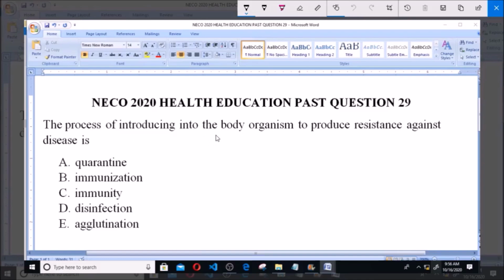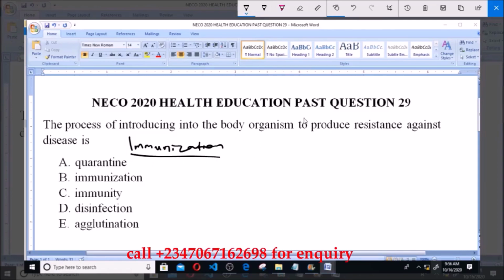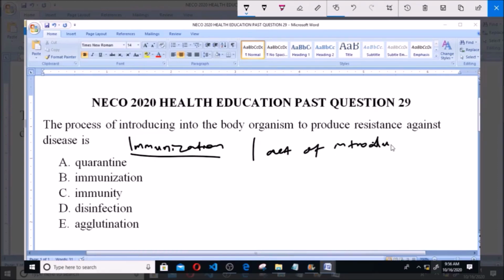The process of introducing into the body organism to produce resistance against disease is known as immunization. But the act of introducing these organisms or vaccines to produce immunity is known as vaccination.